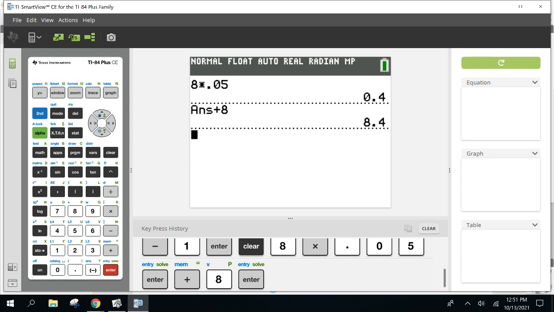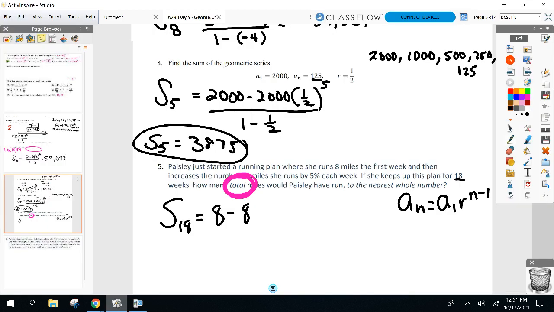Instead, when it's a percent and I'm increasing, it's going to be 1 plus the percent. All right, 1 plus the percent. So my R value is going to be 1.05.